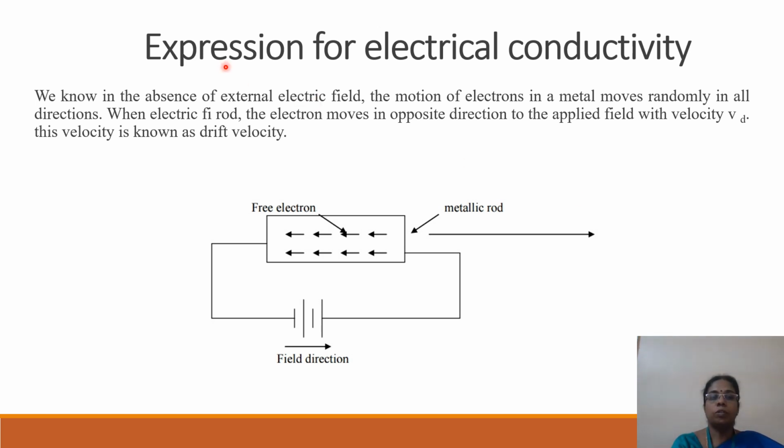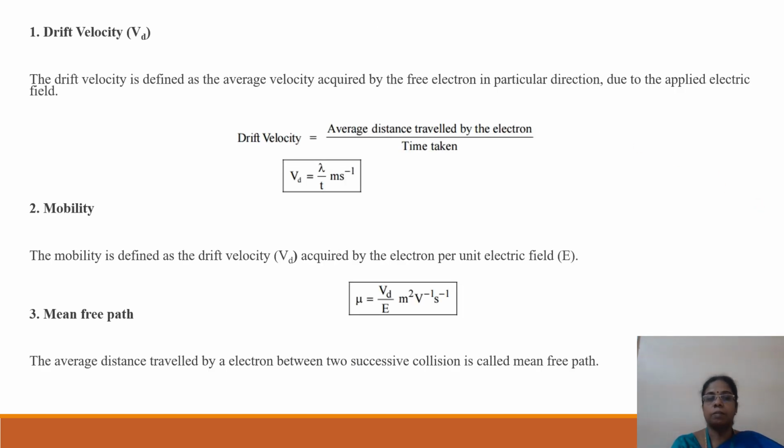Now let us go into the expression for the electrical conductivity. We know that in the absence of an electric field, the electrons in the metal move randomly in all directions. When the electric field is applied, the electrons move in the direction opposite to the applied field with a velocity Vd, and this velocity is known as the drift velocity. Now let us go through the important definitions. First is the drift velocity, denoted by Vd.